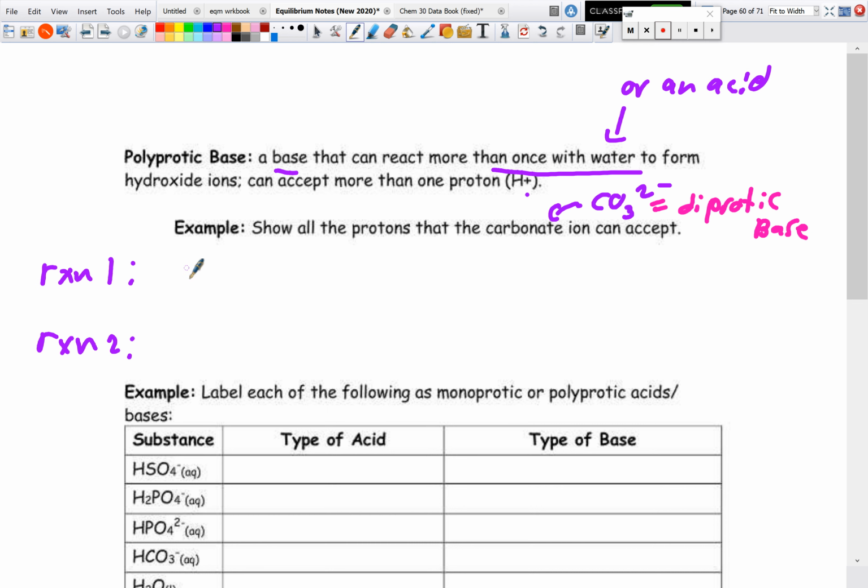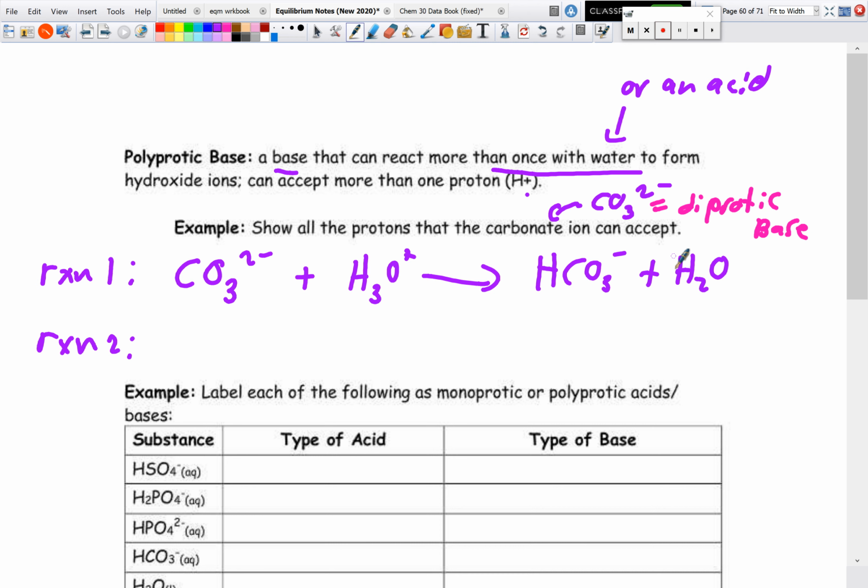So for example, if we have our reaction 1, our carbonate ion, it can react with an acid. Same thing, we're adding the strong acid in excess so that it completely transfers the hydrogen onto the carbonate ion. So we have a quantitative reaction, meaning it goes to 100%, so it's not in equilibrium.